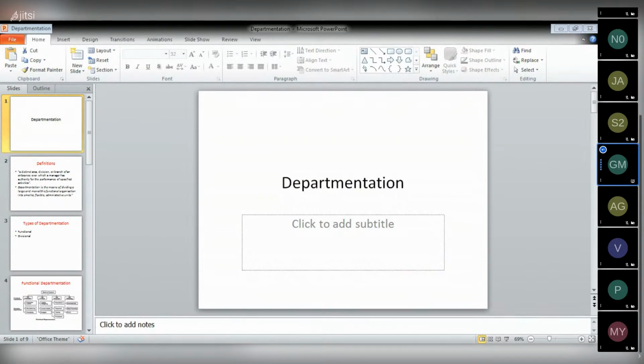But one thing, it is not that departmentation should be in this way or that there is a particular form.